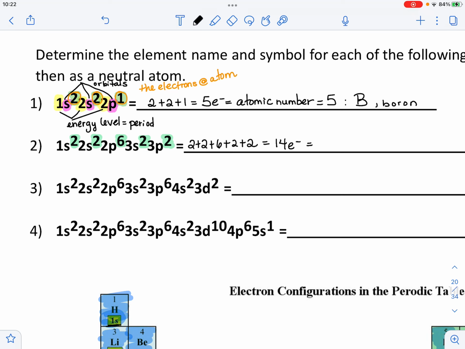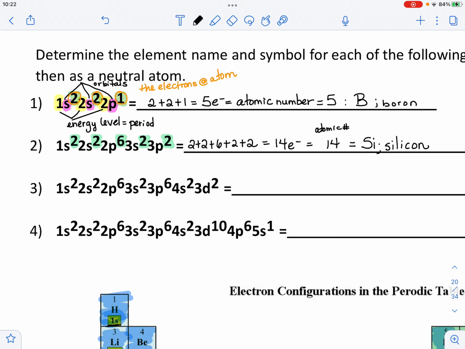Because that equals the atomic number, I'm going to look at something of atomic number 14. So atomic number 14 equals the element that has symbol Si, and the name for Si is silicon. So make sure that you practice with the other problems that we have there.